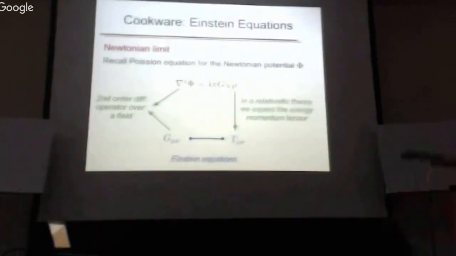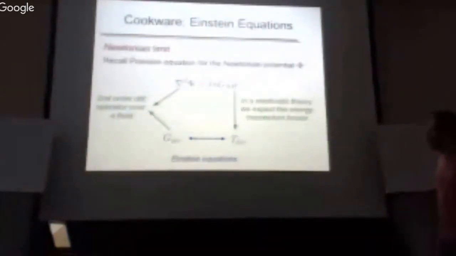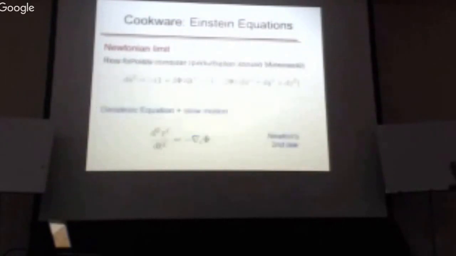And since on this side we have second order differential equations, we might expect that the Einstein tensor gives you the Poisson equation. So this is not a proof. I'm just schematically showing you how Einstein equations can translate into Newtonian physics.